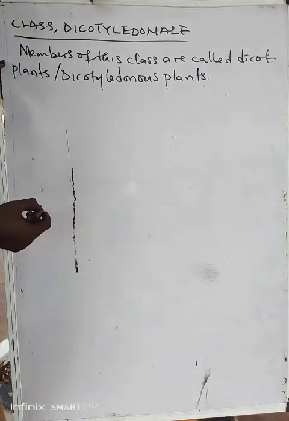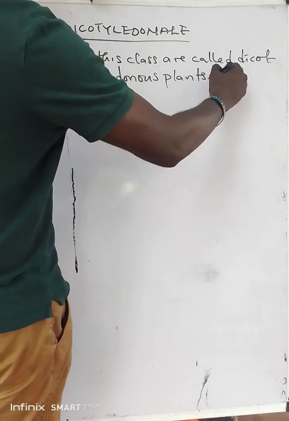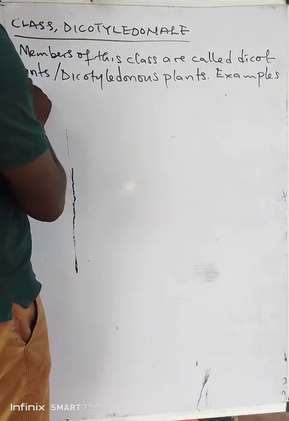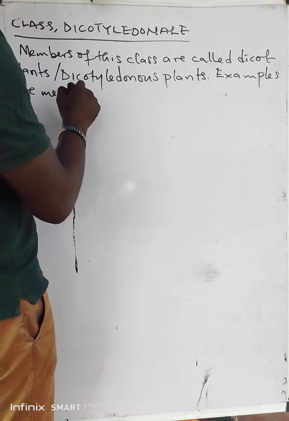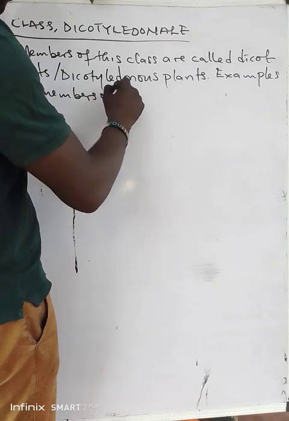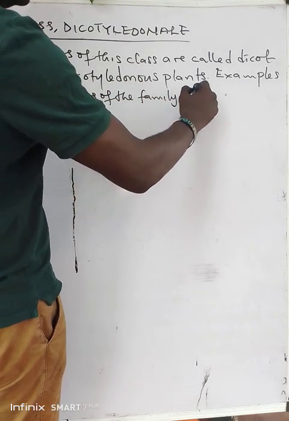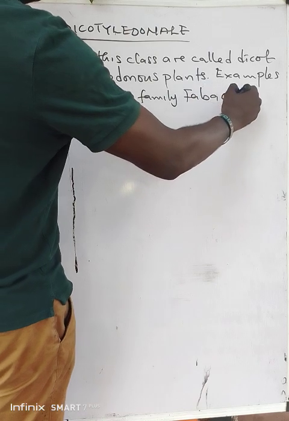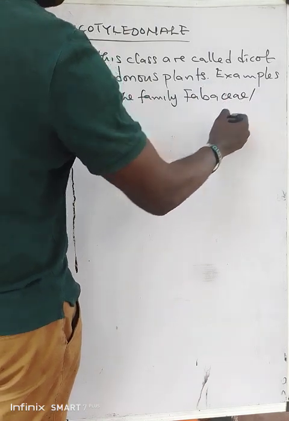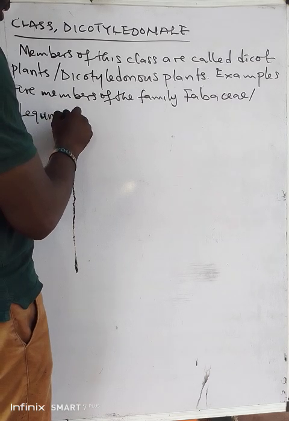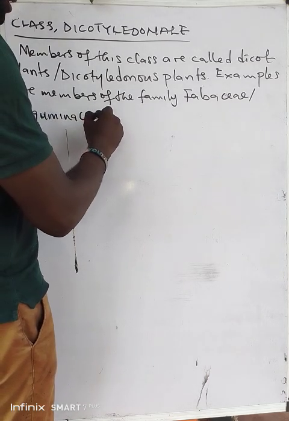So examples are members of the family Fabaceae or Leguminosae. That is the beans family.